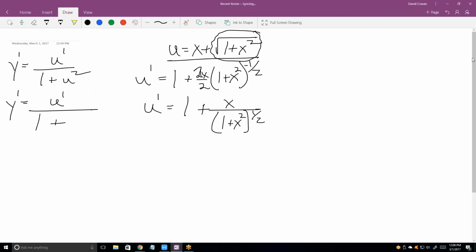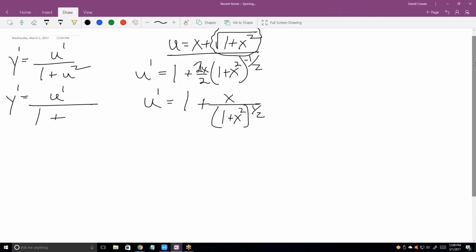So let's figure out what u squared is first. It's not a bad idea to always figure these things out before you even tackle the main problem. We know we're going to need a u prime, and we know we're going to need a u squared. So what's u squared?